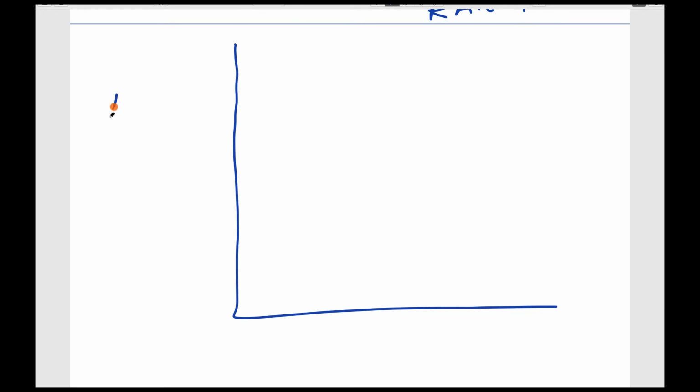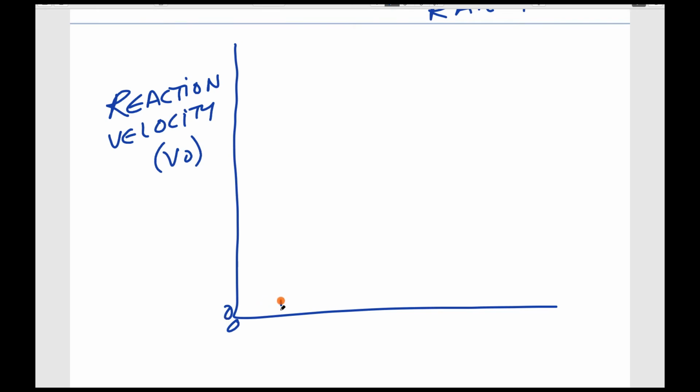Let us understand this diagrammatically. I will draw a diagram showing this curve. Here, as usual, this is reaction velocity, the initial velocity, and this is substrate concentration. Let me draw for the non-allosteric enzymes and allosteric enzymes.